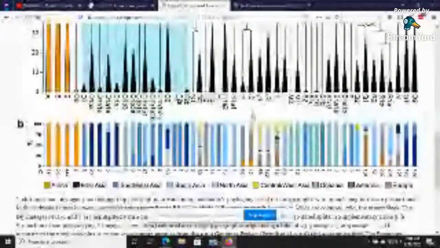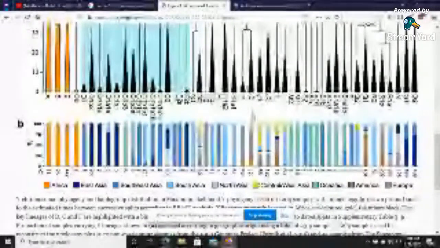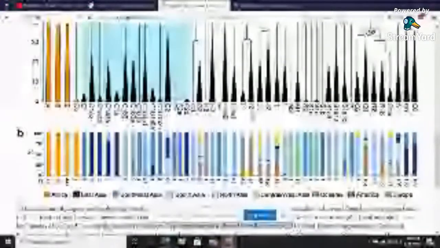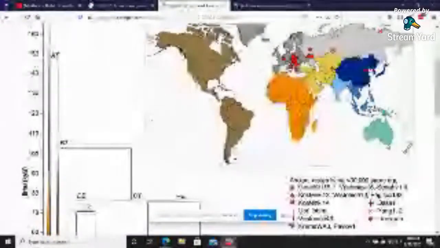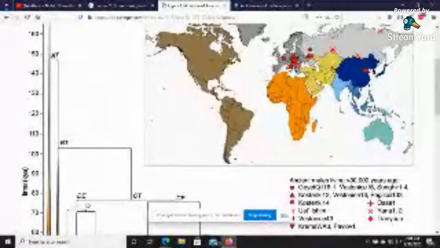So we have DNA evidence of that. The more DNA evidence we get, the more we can prove and disprove this out of Africa theory, or we can prove that we all came from this Mesopotamian area where the CY chromosome spread out from.